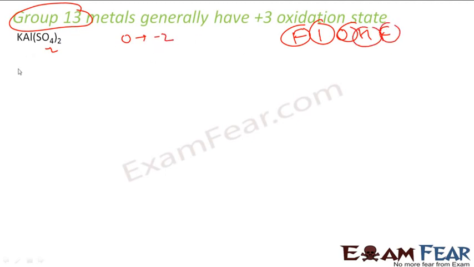Hydrogen, there is no hydrogen, there is no fluorine. So I have sulfur, aluminum, potassium, 3 unknowns. So in this order, the first one was for group 1. Group 1, it is potassium, K. So K is +1. And then we have to apply for group 2, there is no group 2 element. And group 3, we have aluminum, +3.